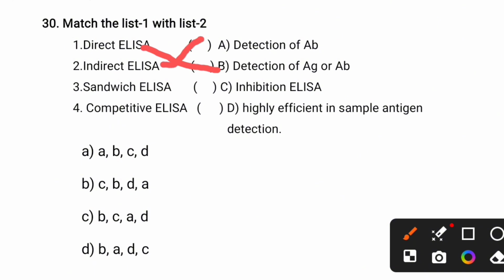Sandwich ELISA is highly efficient for antigen detection in a sample. Okay, so let's see the next one. Competitive ELISA is also called inhibition ELISA. So that is the correct one. For this, the correct answer is BADC. Let's see the next question.